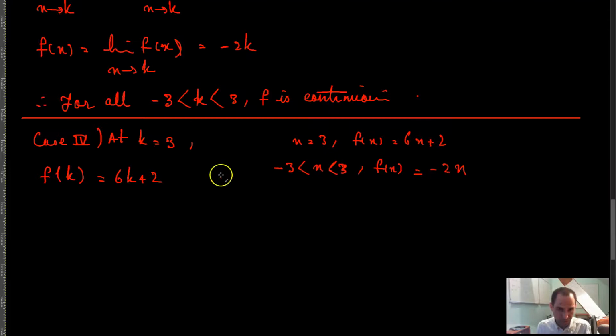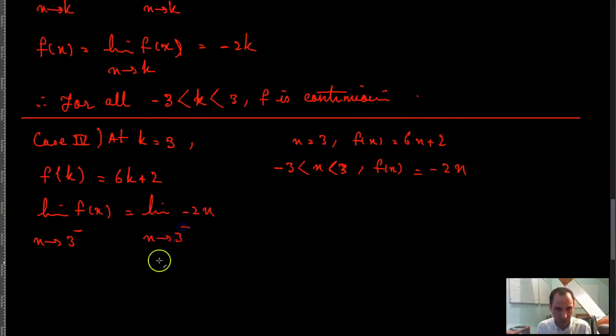Now the left-hand limit of f of x, the limit of f of x as x tends to 3 from the left, you have to go for values less than 3, meaning that you have to go for this clause of the function, which means that you have to find the limit of negative 2x as x tends to 3 from the left.